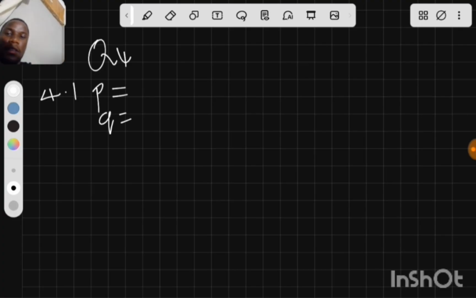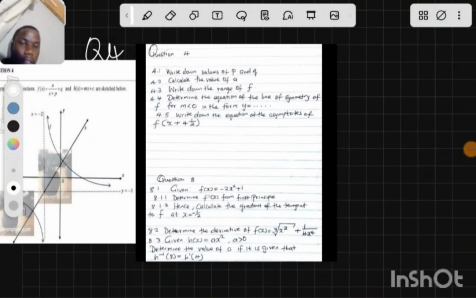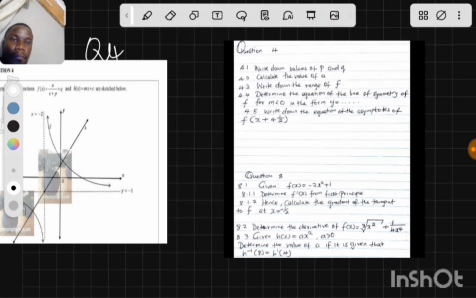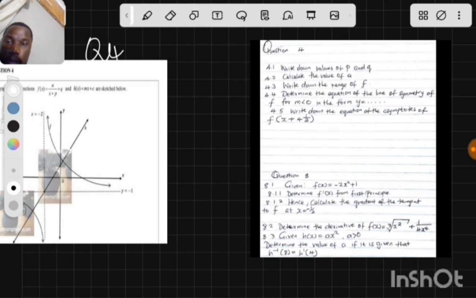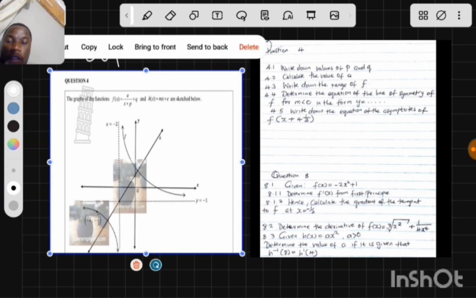Always remember, the asymptote of Q never changes. Only the x-axis changes. Let's look at our graph. The asymptote of the Q value is the horizontal one, which is minus 1, and the P value is minus 2.